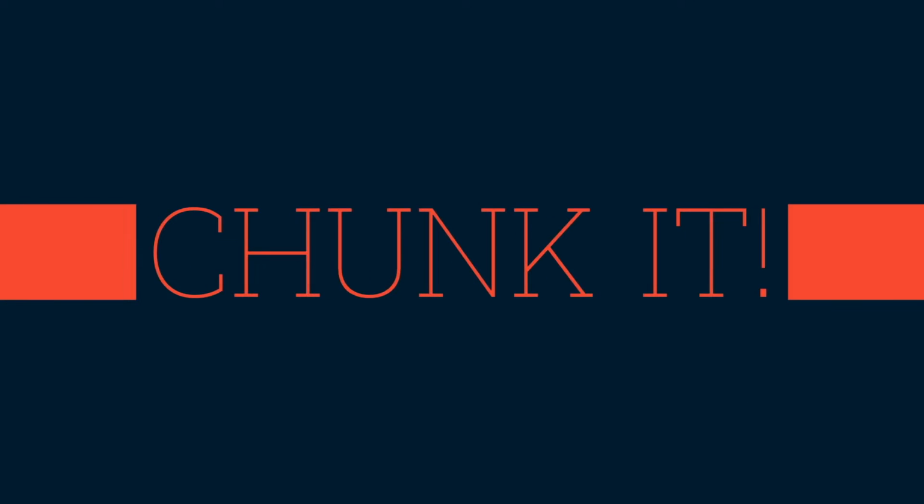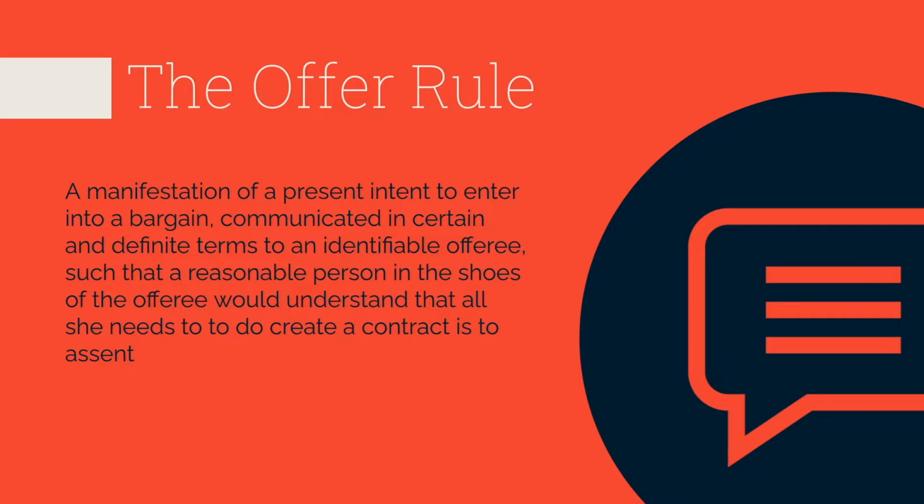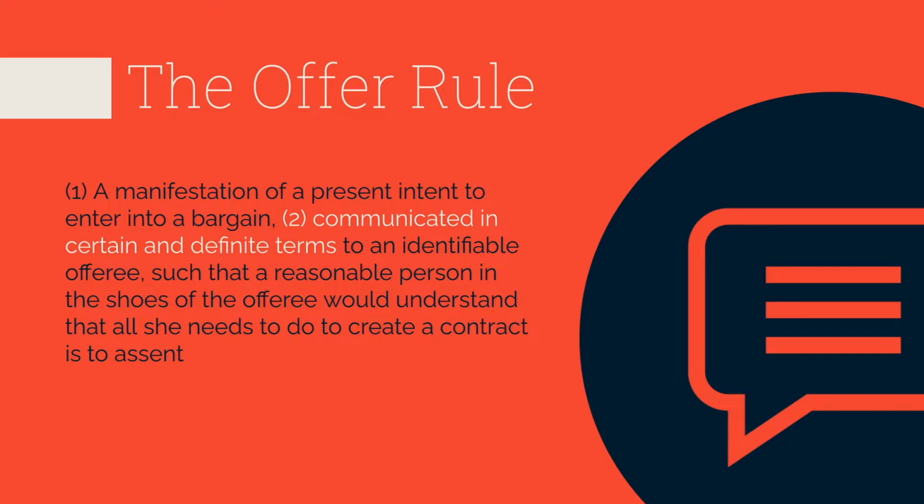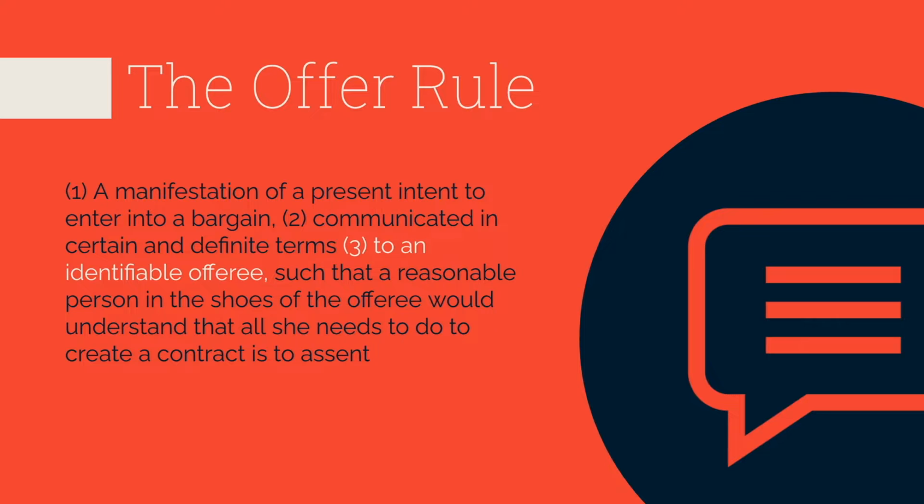So we can chunk that, right? Break it up as we've done with our previous rules. So we know, one, we need a manifestation of a present intent to enter into a bargain. A manifestation, just as we've talked about every other time we've used that rule, is an outward expression. So it is going to be words or conduct, communicated in certain and definite terms, meaning that the terms of the offer are nailed down, to an identifiable offeree.